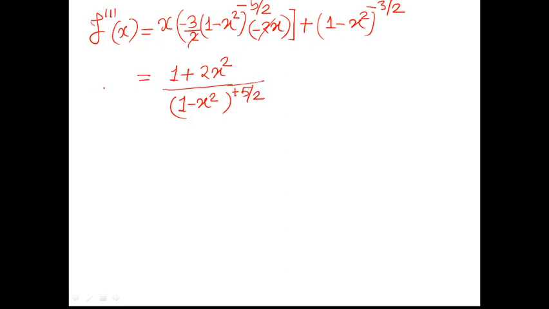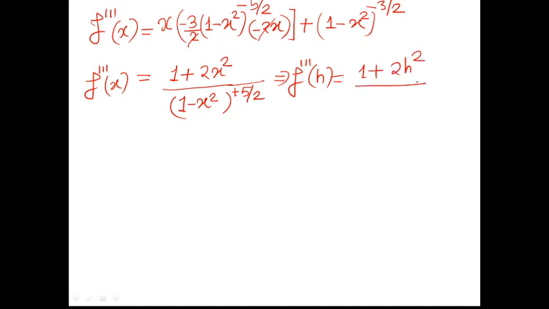So this is the third derivative of the function. Now find its value at h. So just replace x by h. So we have (1 plus 2h square) upon (1 minus h square) to the power 5 by 2.